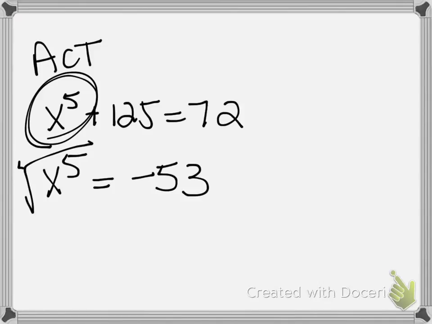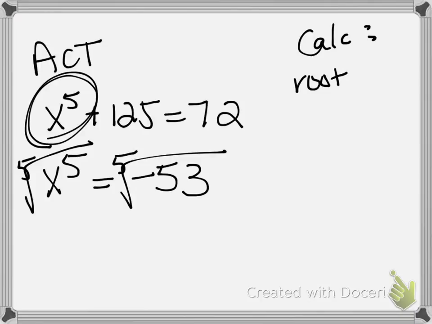Now, in order to get the x alone, I have to take the 5th root. So let me walk you through on your graphing calculator how to take the 5th root. So on the calc, first you have to type in your root, which in this case is 5. And then you hit math. Let me move this over. I'm going to write it here.